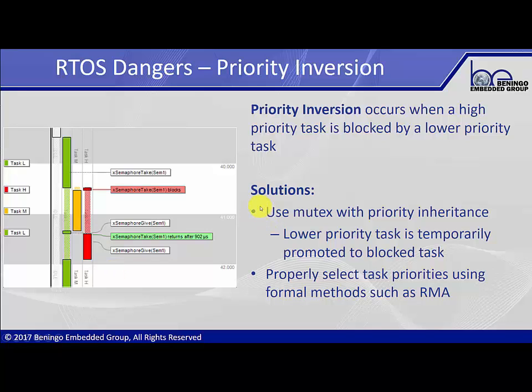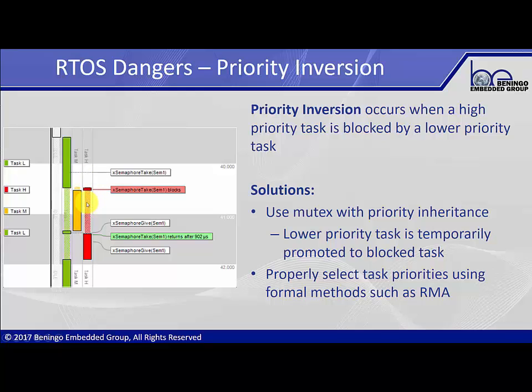There are several solutions to solve, or at least minimize, the impact that a priority inversion will have on your system. First is to use a mutex with a priority inheritance mechanism. What this means is that if a low priority task blocks a higher priority task, this low priority task, which has the mutex, will have its priority level elevated so it has the same priority as the highest priority task.